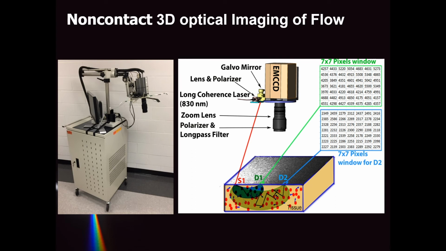And also we have a long-pass filter and a pair of polarizers, and the goal of these two parts is to help us reject light reflected directly from the source. And also we have a zoom lens, which can be used for adjusting the size of our region of interest.